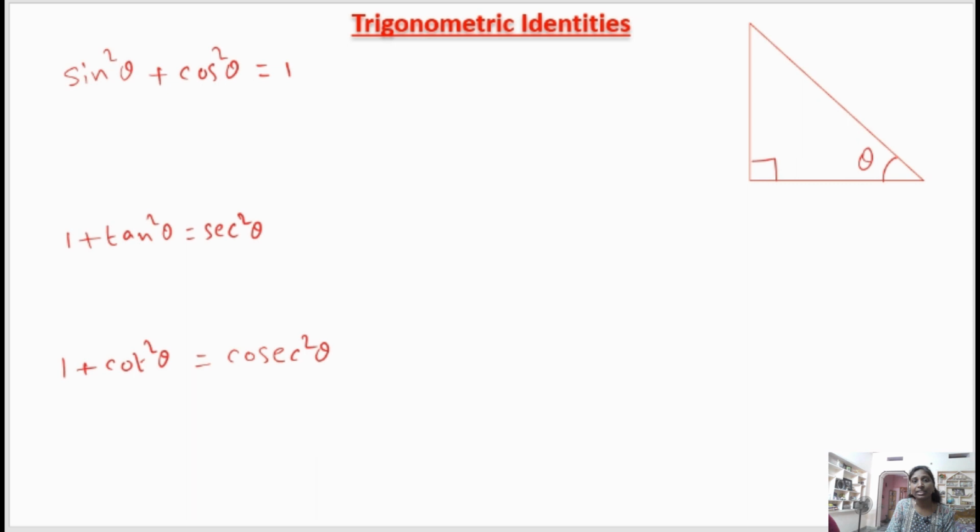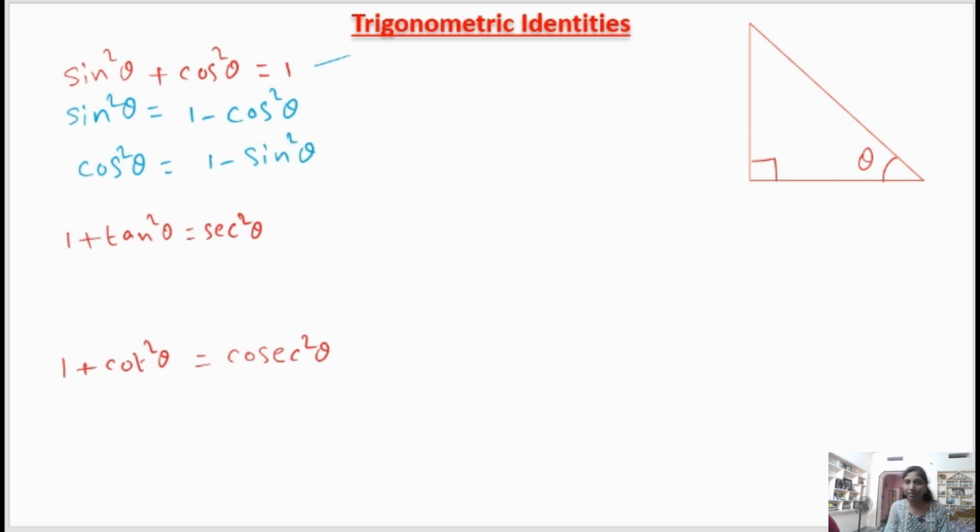Sin square theta plus cos square theta is equal to 1 can be written as sin square theta is equal to 1 minus cos square theta. It can also be written as cos square theta is equal to 1 minus sin square theta.